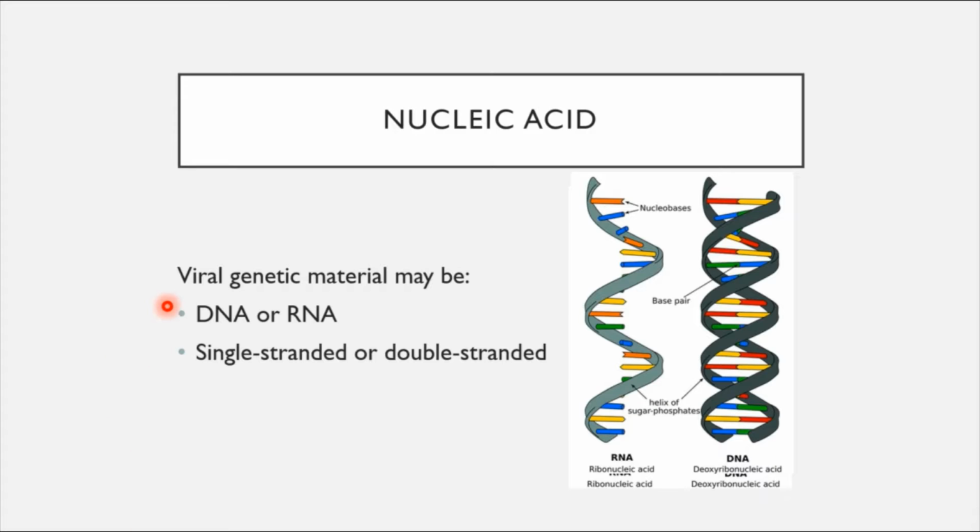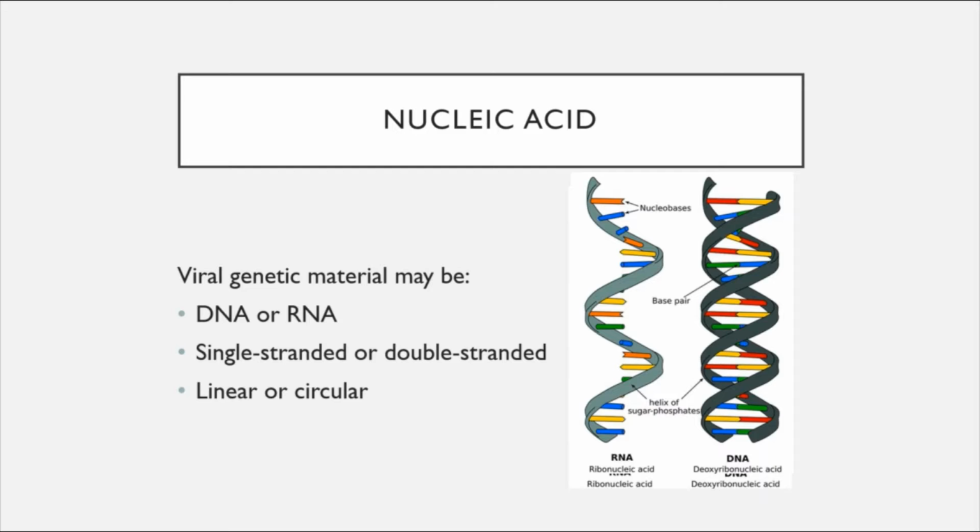And the type of nucleic acid that they have and the strandedness of that nucleic acid bears on the reproductive process. A virus that has single-stranded RNA is going to reproduce differently than a virus that has double-stranded DNA, for example. And then finally, nucleic acids found in viruses can either be linear in nature or they can be circular. They can be composed of a single long strand of nucleic acid, or they can be composed of a continuous loop of nucleic acid.